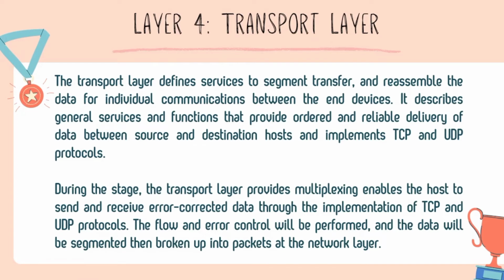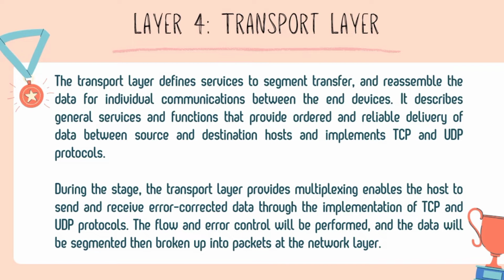For layer 4, the transport layer. The transport layer is the second layer of the TCP/IP model. We can define the transport layer as the service to segment, transfer and reassemble the data for individual communication between the end devices.